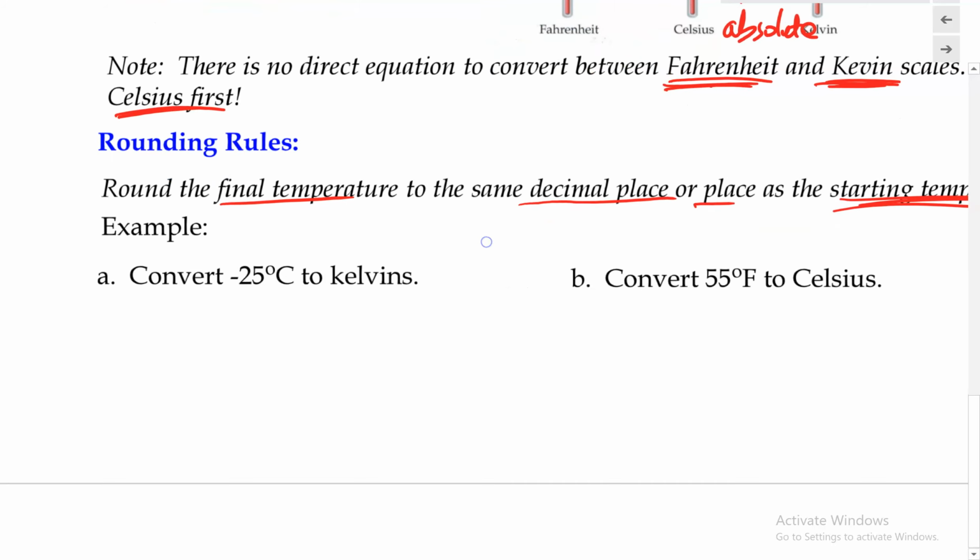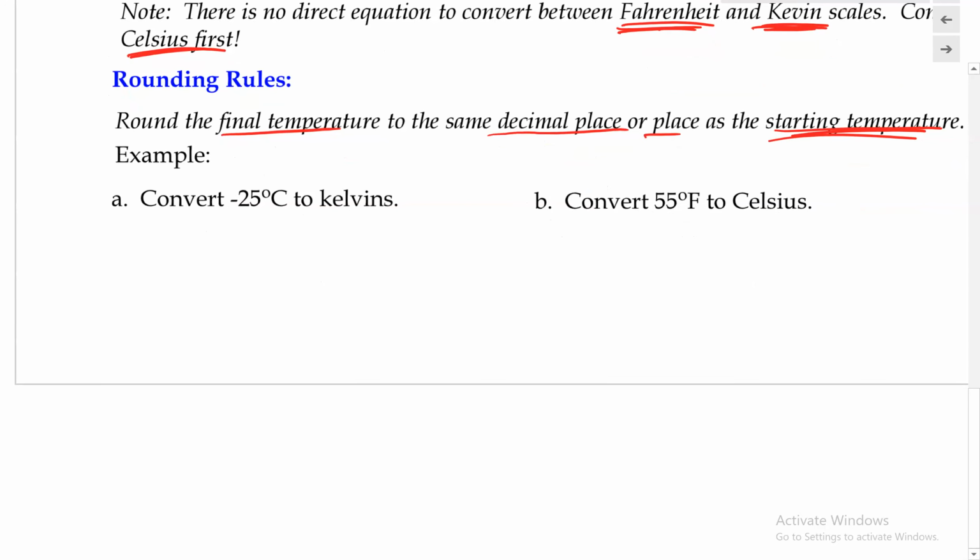For an example, let's say convert negative 25 degrees Celsius to Kelvin. So in this case, we have to convert Celsius to Kelvin. And the equation is as follows. Kelvin is equal to the degree in Celsius, which in this case is negative 25, plus 273.15.